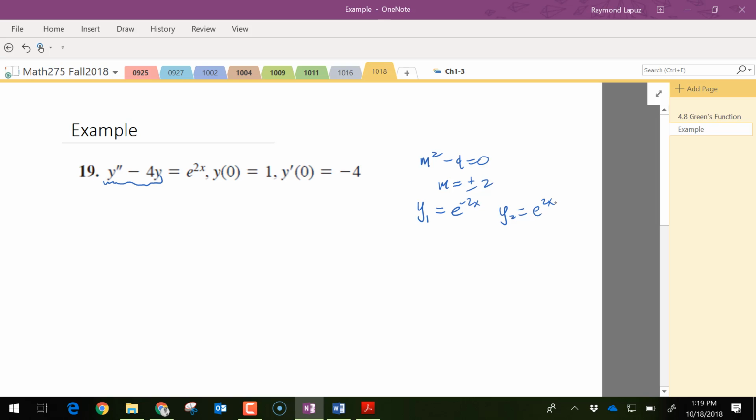I just flew right through. Got it? You can almost see the solutions, right, without actually doing the m squared minus 4. If you can't, just make sure you show your steps in your own notes.